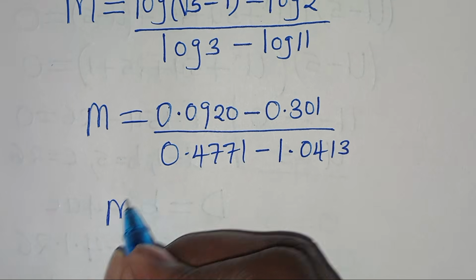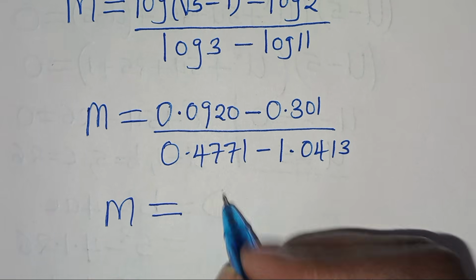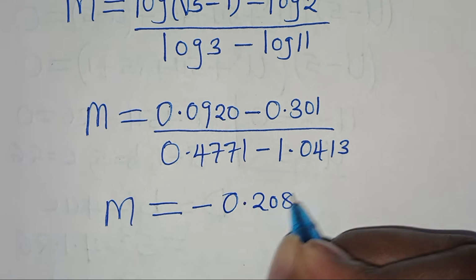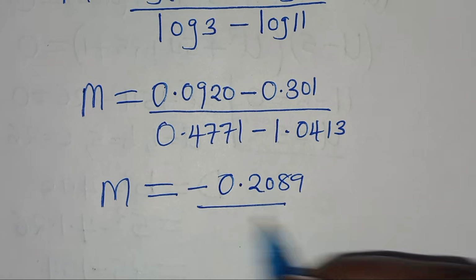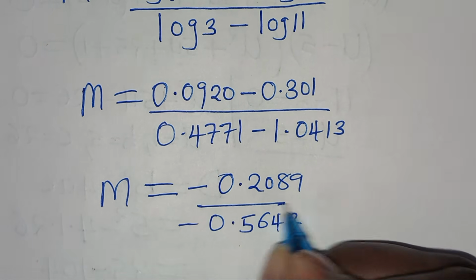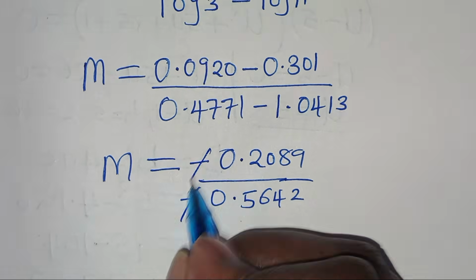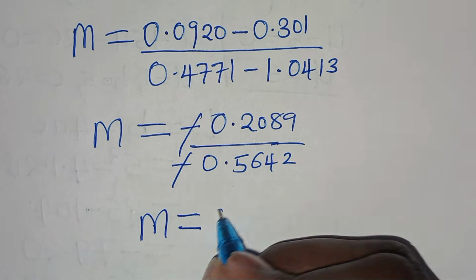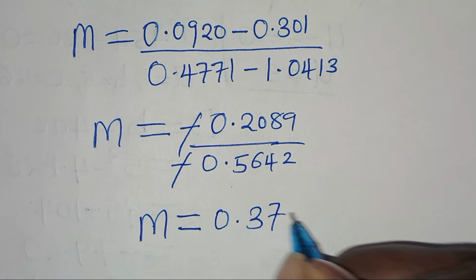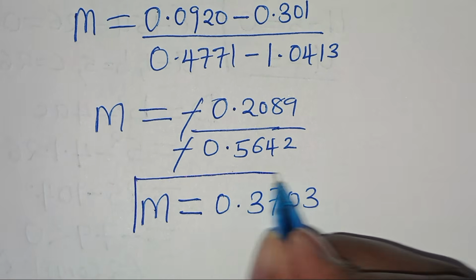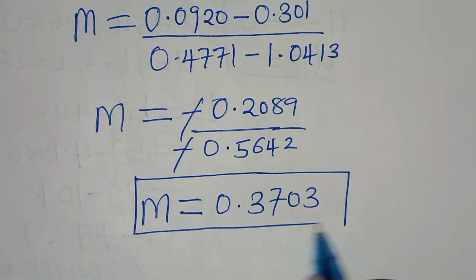Therefore, we have m is equal to minus 0.2089 divided by minus 0.5642. Now, negative and negative here simplifies, so that now m is equal to 0.3703. So this is the value of m.